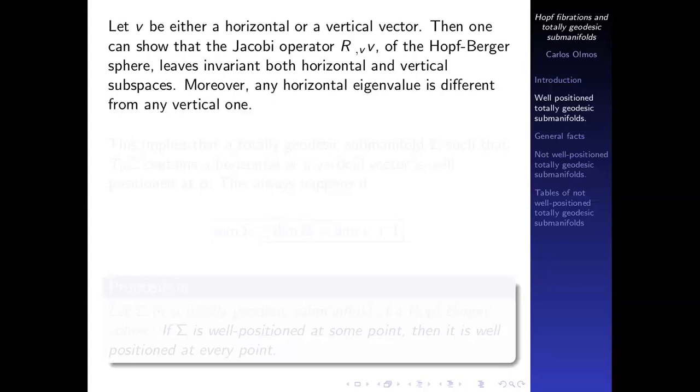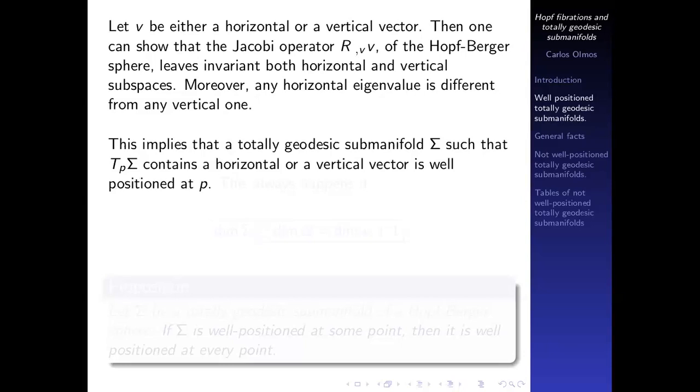Moreover, any horizontal eigenvalue is different from a vertical one. What does it mean? It means that a totally geodesic submanifold that contains v is invariant under the Jacobi operator, and so the tangent space of such a totally geodesic submanifold splits. So the conclusion is that a totally geodesic submanifold whose tangent space contains a horizontal or vertical vector is well-positioned.